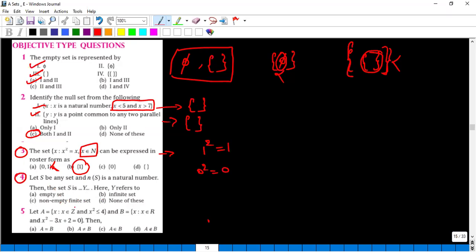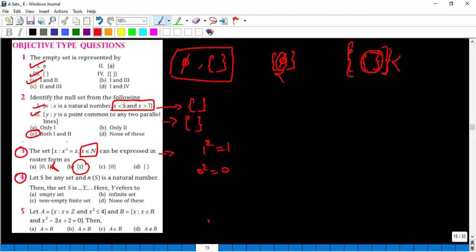Question 4. Let S be any set and n(S) is a natural number. Then the set S is dash. Here the options are empty set, infinite set, non-empty and finite set, none of these. We have 4 options.